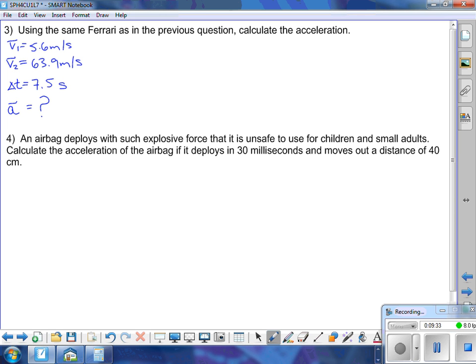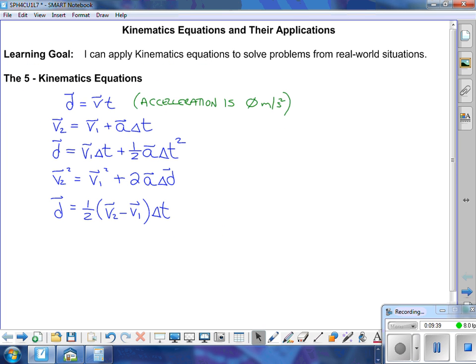So now we go back. We know both velocities and time. We're looking for acceleration. So we go back to our formula sheet. V2, V1, we're looking for acceleration. We have time. So this is actually the winner right away. This one didn't have V2 in it. This one, we don't have a distance, or it doesn't have time in it. And this one doesn't have A in it. So you can see that there was only one possible choice there.